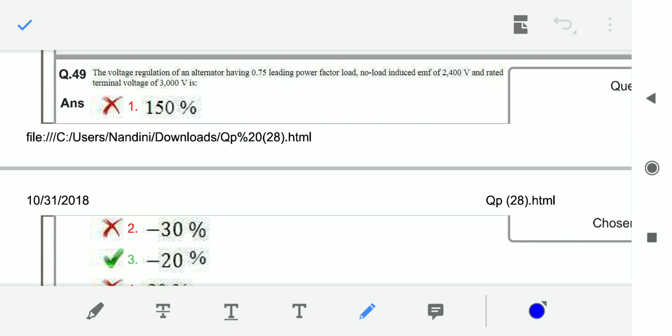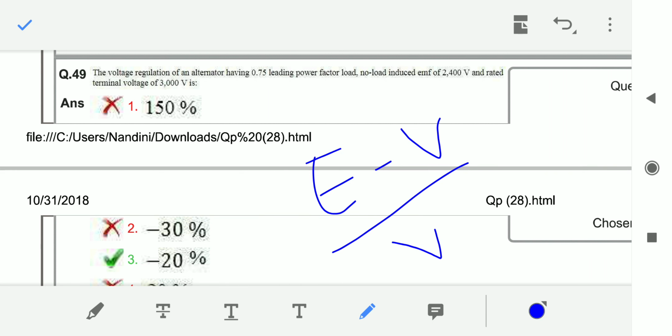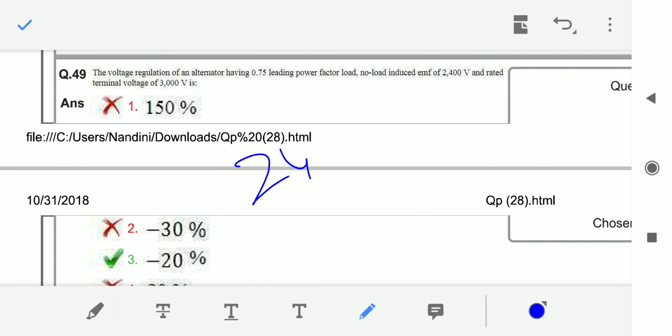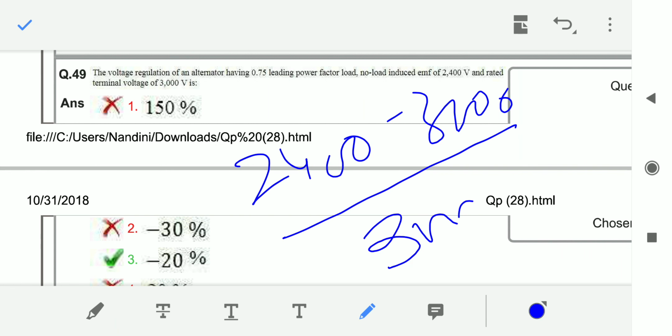You have to calculate the voltage regulation, which is E minus V by V into 100. What is E? The no-load induced EMF, which is 2400. What is the terminal voltage? 3000. So let us calculate: 2400 minus 3000, by 3000, into 100.